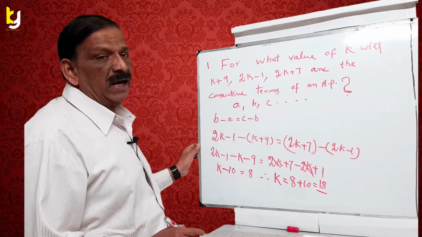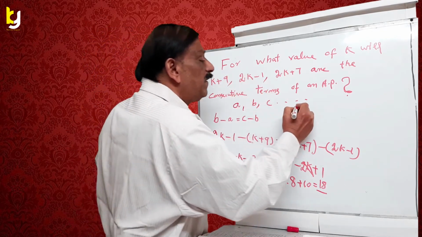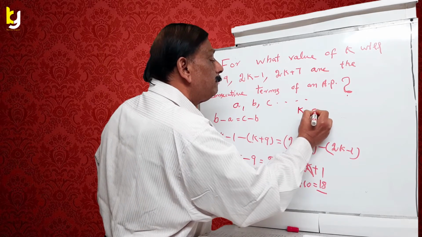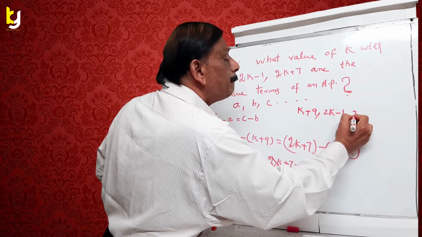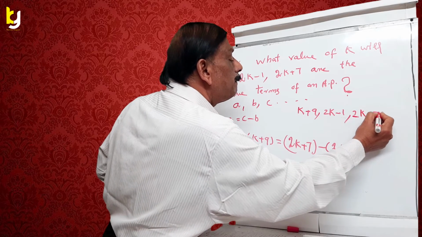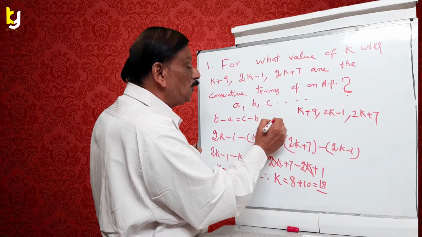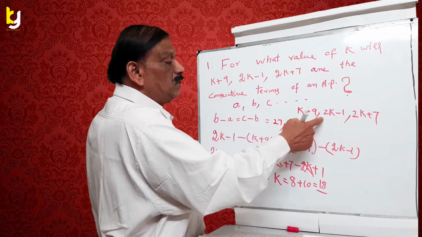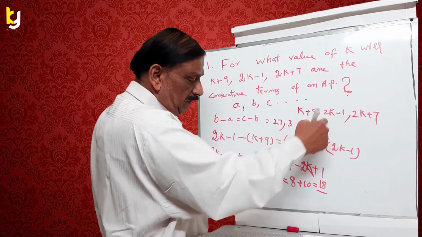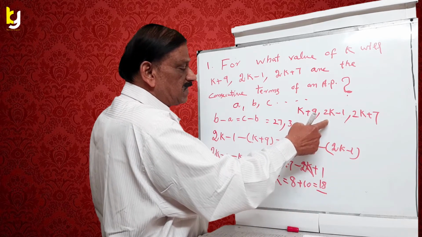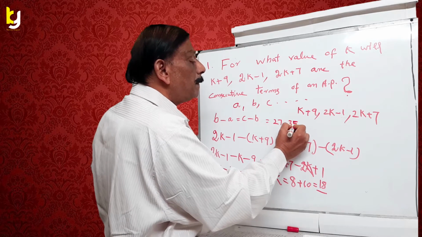To find out the arithmetic progression, substitute this value in the above terms, that is k plus 9, 2k minus 1, 2k plus 7. k plus 9 is 18 plus 9, that is 27. 2k minus 1: 2 into 18 is 36, minus 1 is 35.